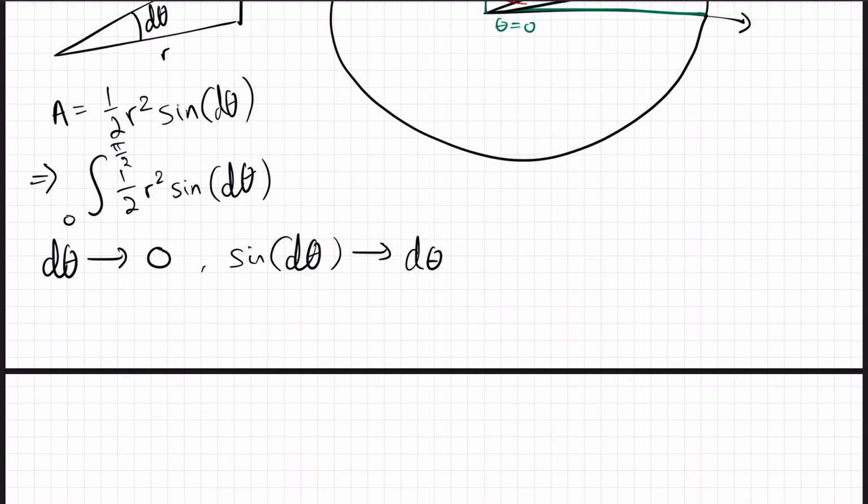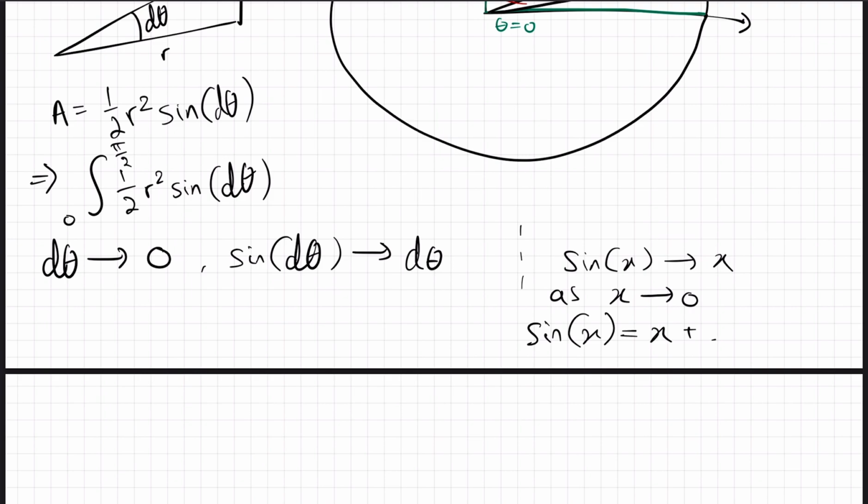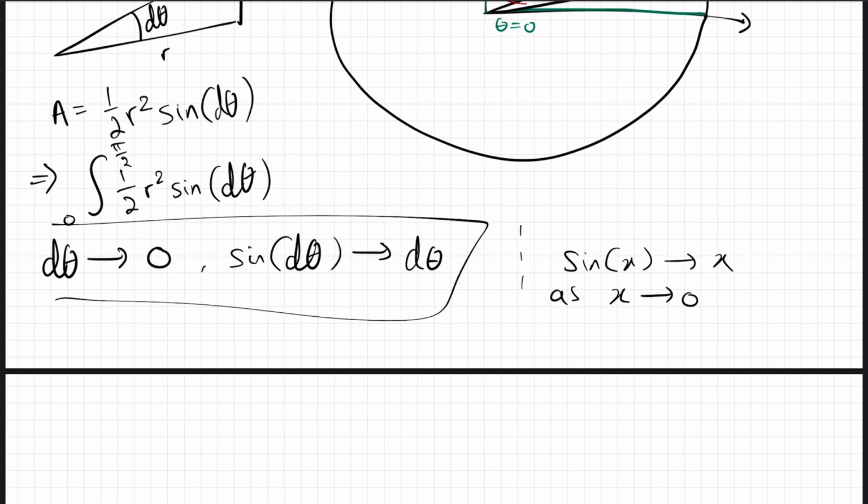And this is related to the approximation that sine x approaches x as x approaches 0, because the Taylor series of sine x expands to have an x term and then other terms, but since those are all higher powers of x, they go really small, and it just becomes similar to the x term. So that's all we have to remember.